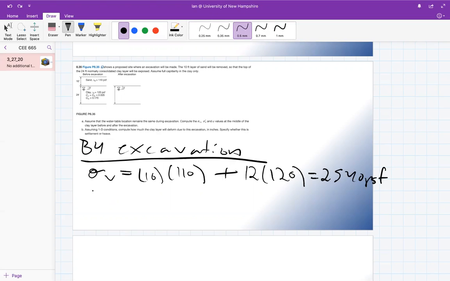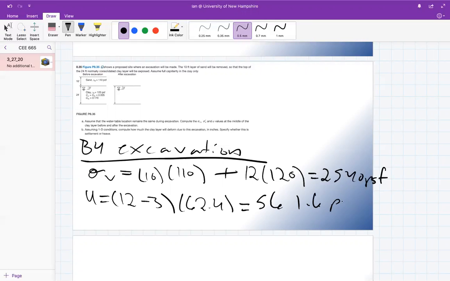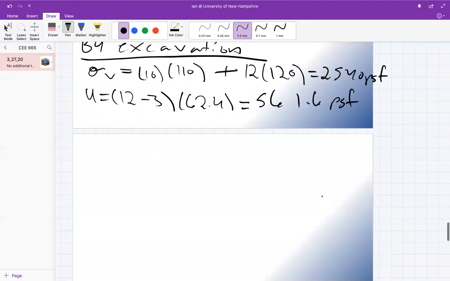So I'm just going to change things up a little bit, and we're going to find pore water pressure next. So we're going to say 12 minus 3 times 62.4 is going to give us 561.6 PSF.